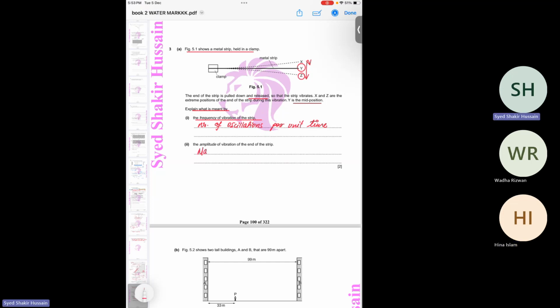I say it's not distance, it's maximum displacement. From where? From rest position, or what we call the mean position, or the equilibrium position. So maximum displacement from mean position.